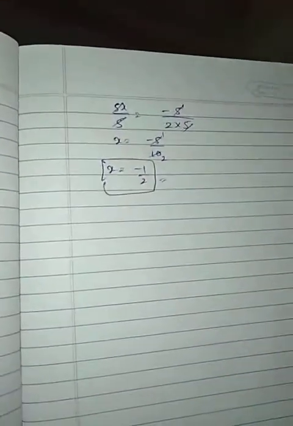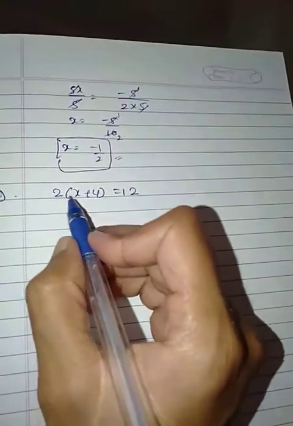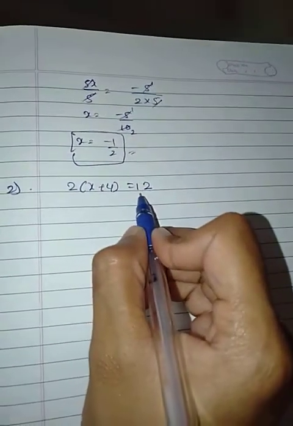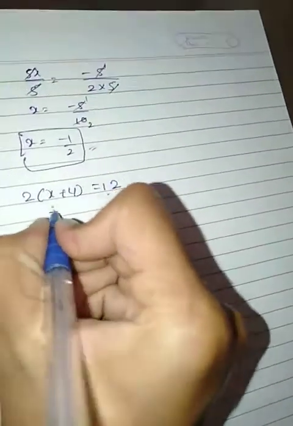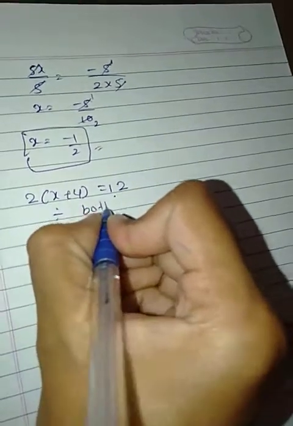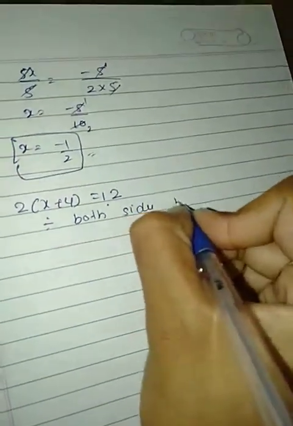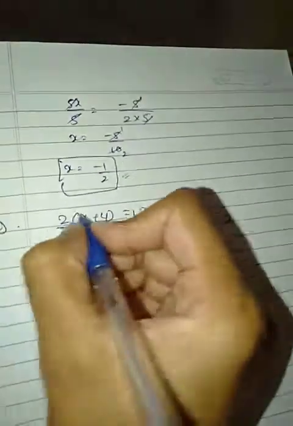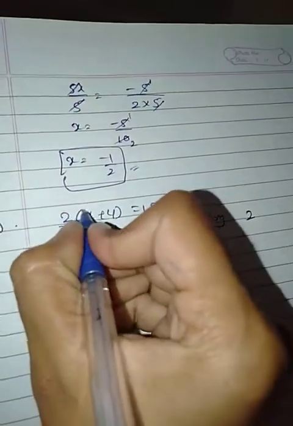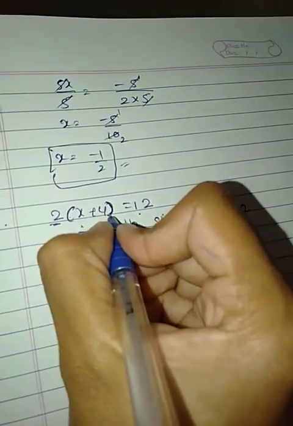Okay. See the next problem, that is 2 into (x plus 4) is equal to 12. So first divide both sides by 2. Here the 2 into (x plus 4), the bracket means multiplication.